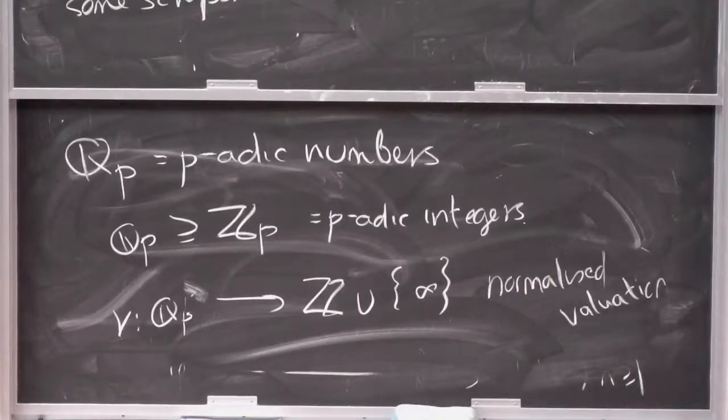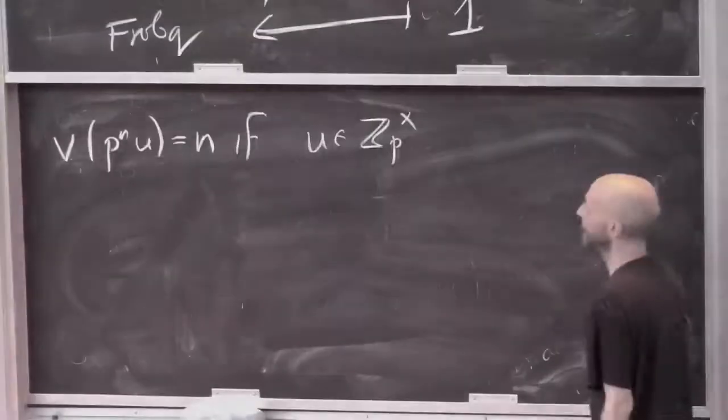The idea is that v(x) is the number of times p goes into x. So v of p^n times a unit is n, if u is in Z_p star, a unit.